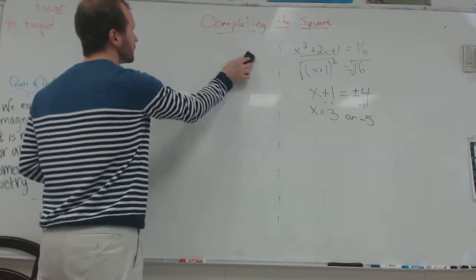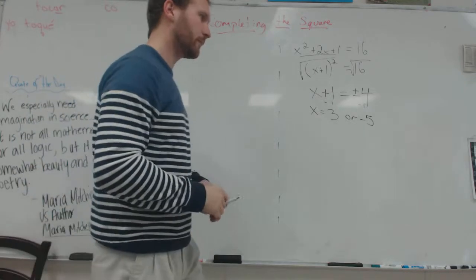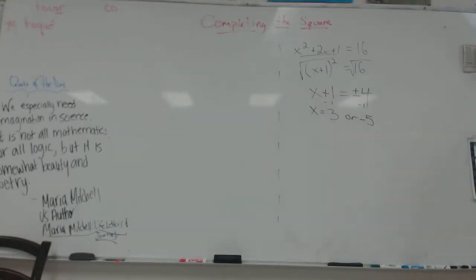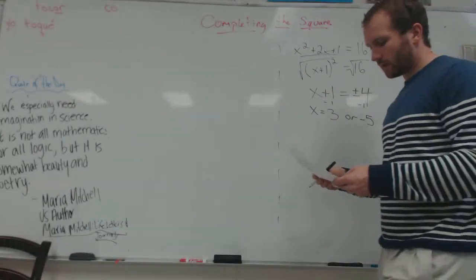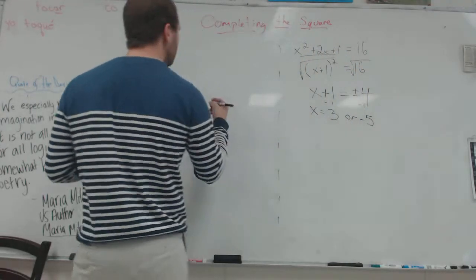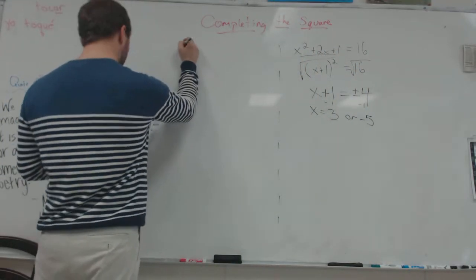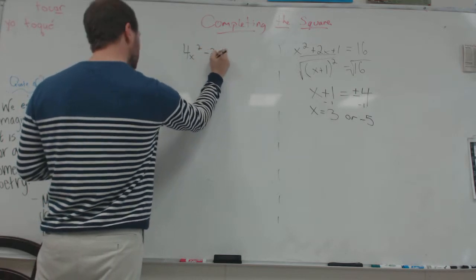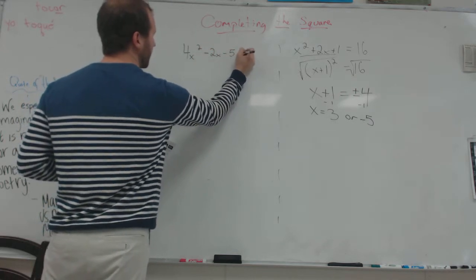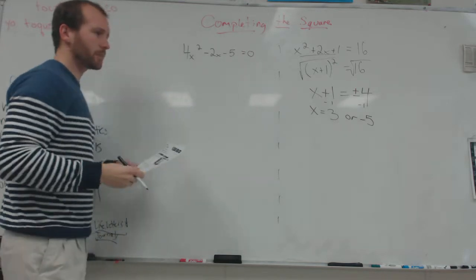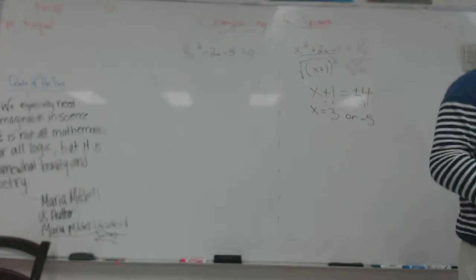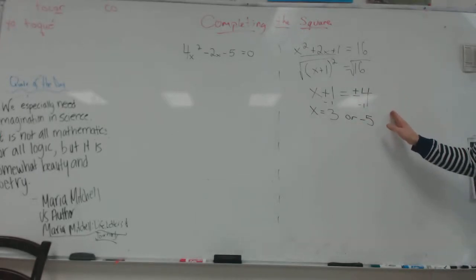So let's do a problem. So I'm going to make this a little bit different. Let's say we wanted to solve 4x squared minus 2x minus 5 equals 0. Now, we're going to solve this using what's called completing the square. We're going to end up doing this.